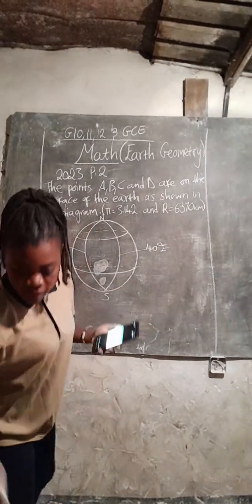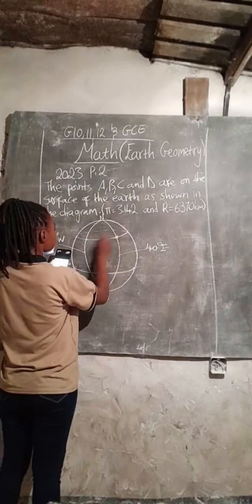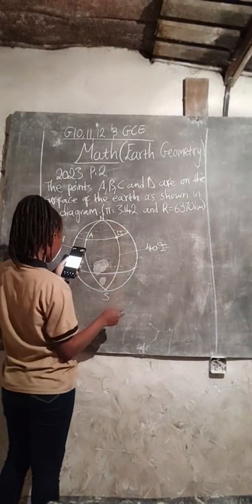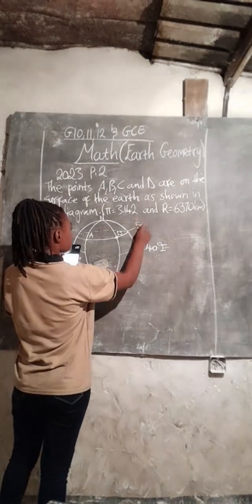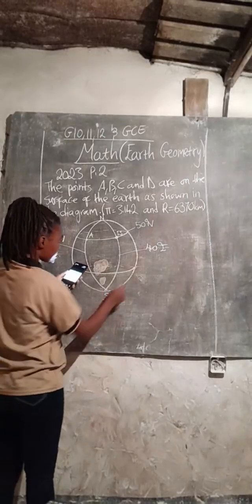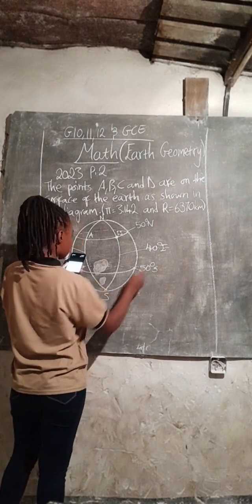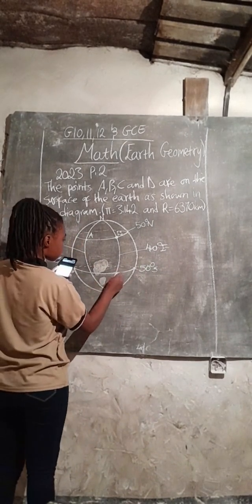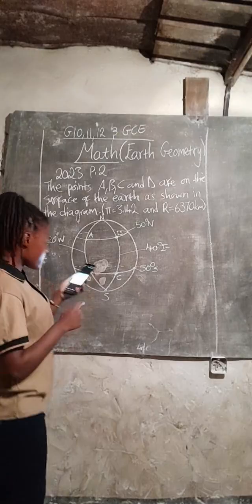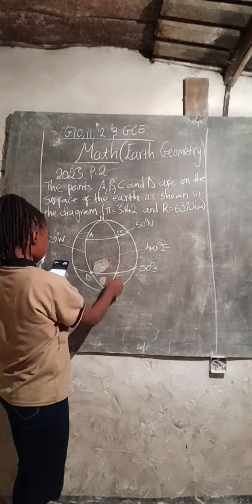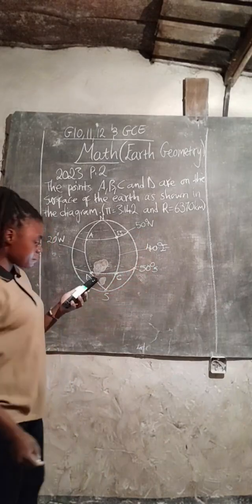The points they have given us are A and B, sitting on the latitude 50 degrees north, and C and D, sitting on the latitude 50 degrees south. So we have A, B, C, D, with 20 degrees west and 40 degrees east.